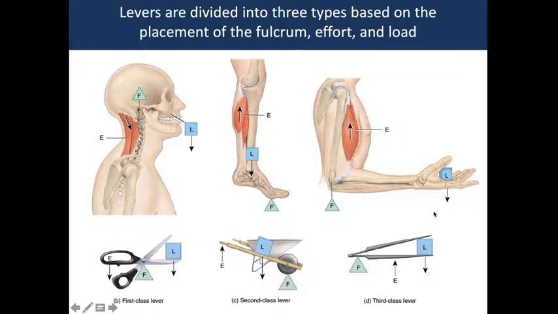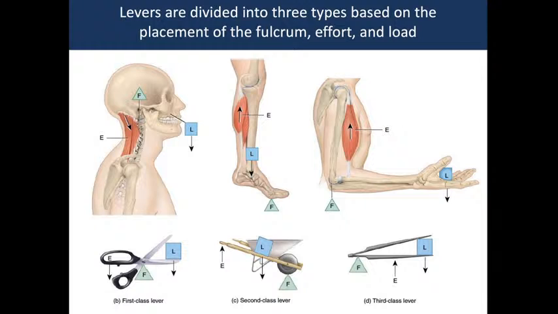And third class levers are when the effort is between the fulcrum and the load, like here. Usually these levers operate like a pair of forceps, and they are the most common levers in the body.